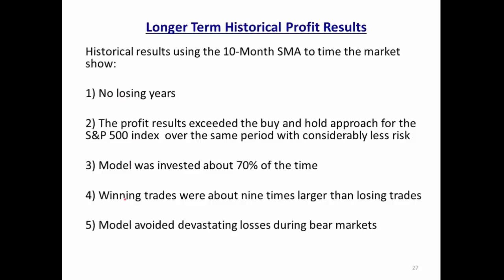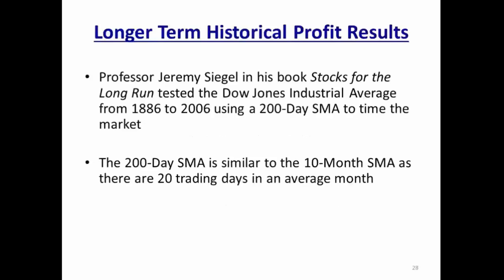So this was a more expansive test period that included bear markets. So the 10-month simple moving average system held up pretty well, and the system avoided those devastating losses that occur during bear markets.